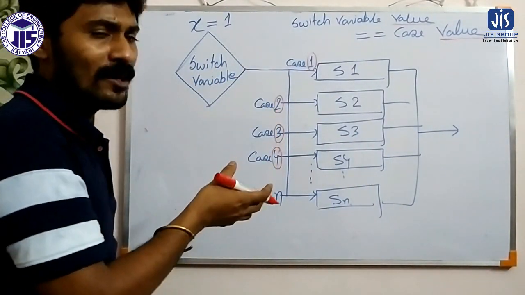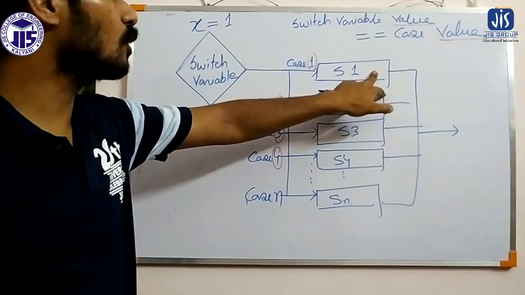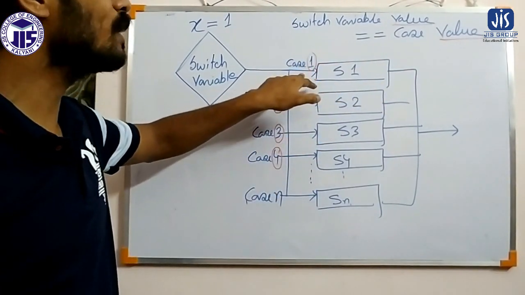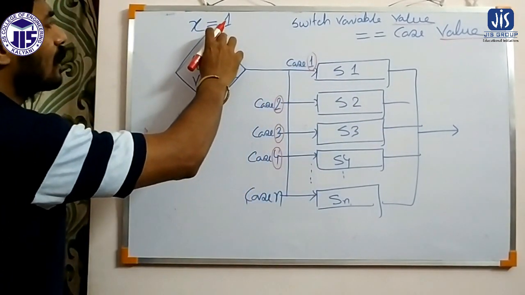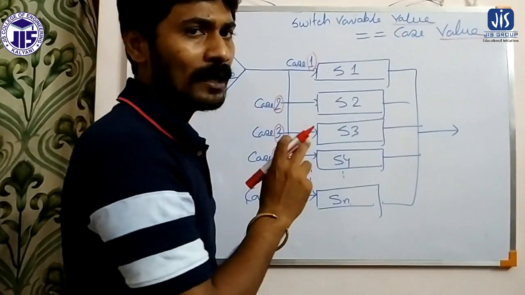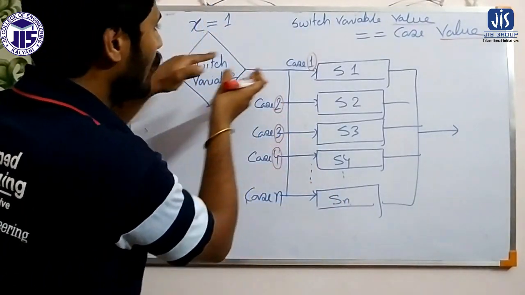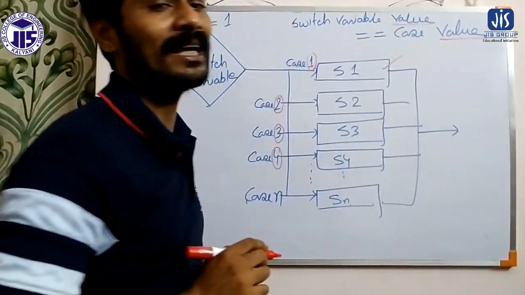And if it is a match, then the particular statement or block of statements associated with that case will get executed. So here my value of x is 1, and here the case value is 1. So that is a match. The variable value and case value are matching, so this particular set of statements will get executed.